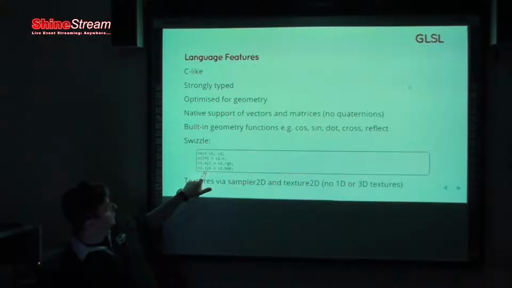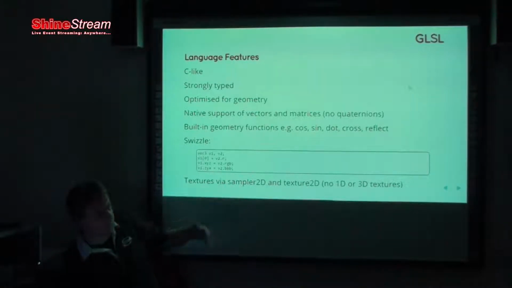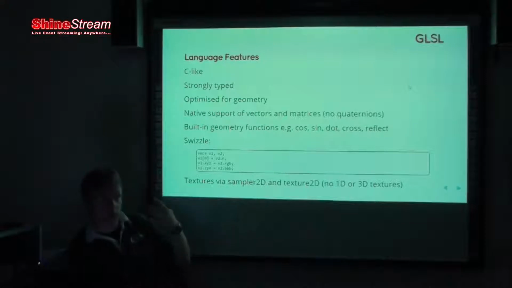You can actually assign in any order, X, Y, and Z equal to B, B, and B. You can't mix X and B, for example, within an accessor, but you can have them in any order otherwise. Are we all happy with RGB and X, Y, Z as being two-dimensional coordinates or the colour?